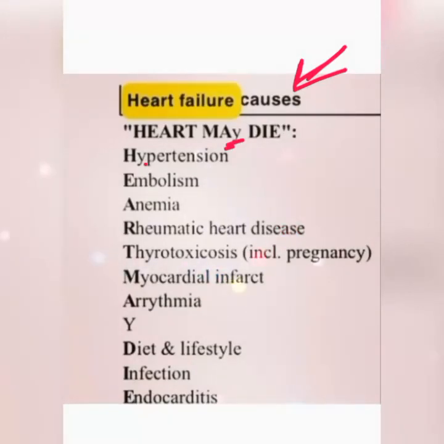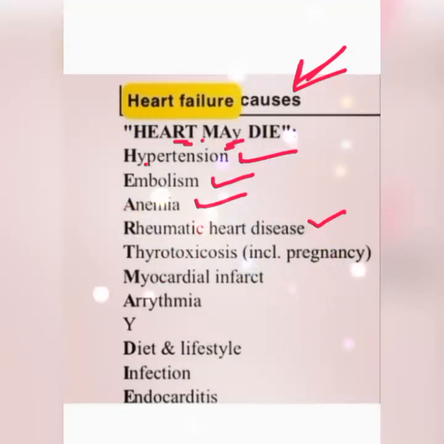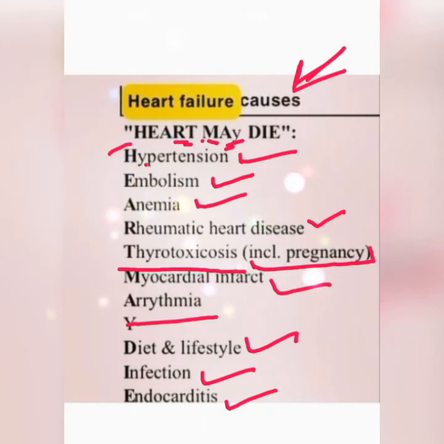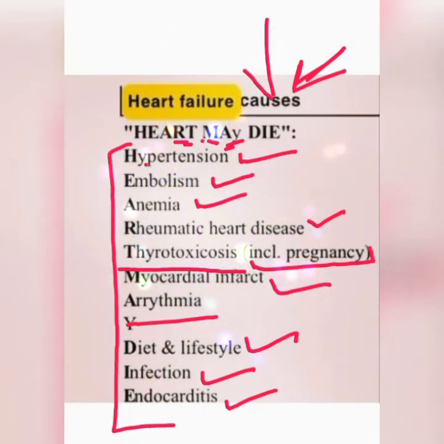H for hypertension, E for embolism, A for anemia, R for rheumatic heart disease, T for thyrotoxicosis including pregnancy. M for myocardial infarction, A for arrhythmia, Y is silent here, and D for diet and lifestyle, I for infection, E for endocarditis. This is the easy way to remember the causes.